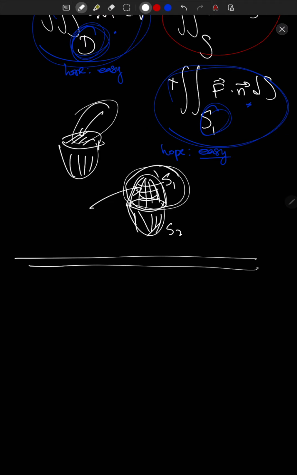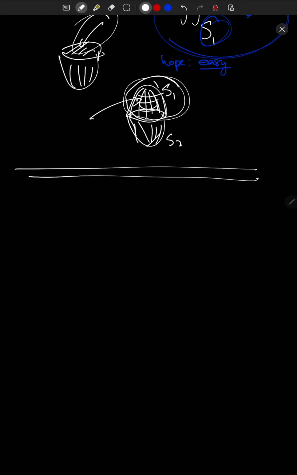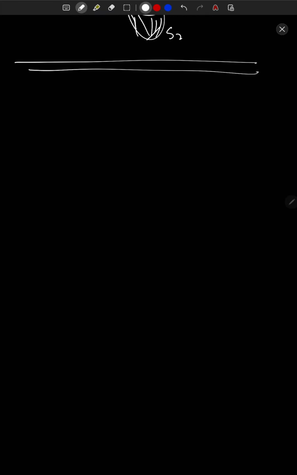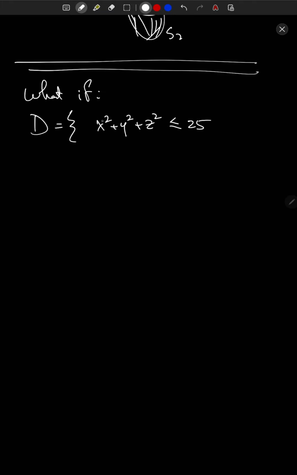The final thing here is what happens if we have a region with holes in it. For example, what if D is x squared plus y squared plus z squared between 4 and 25? I should have left some space here between 25 and 4.